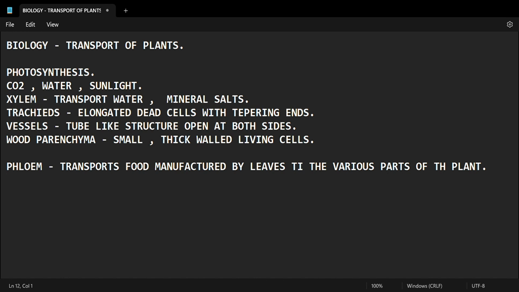And it is a part of a vascular bundle along with xylem. It also extends along the length of the plant body in the root, stem, branches, and the leaves.